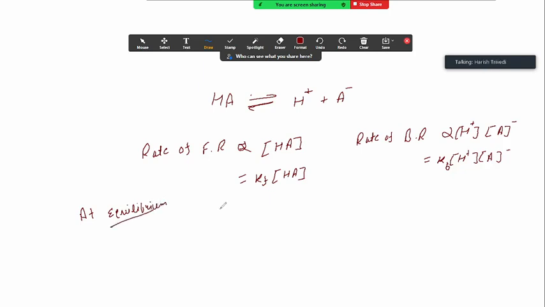At equilibrium, what will happen? The rate of forward reaction will be equal to the rate of backward reaction.